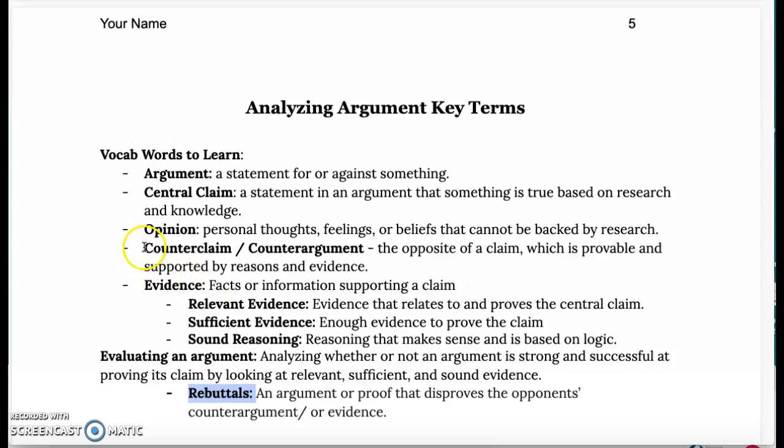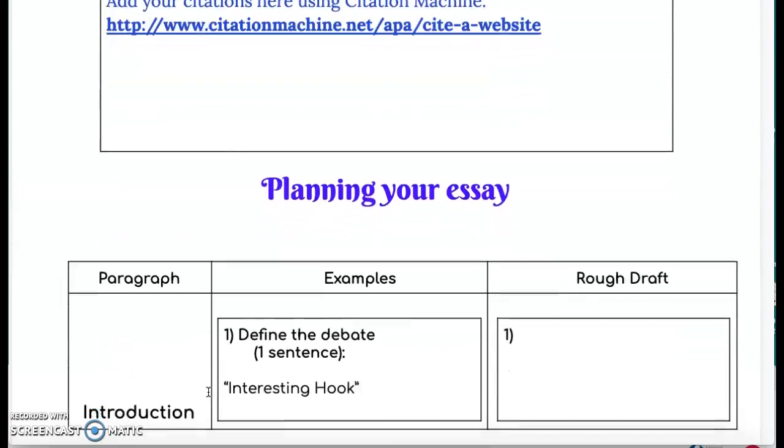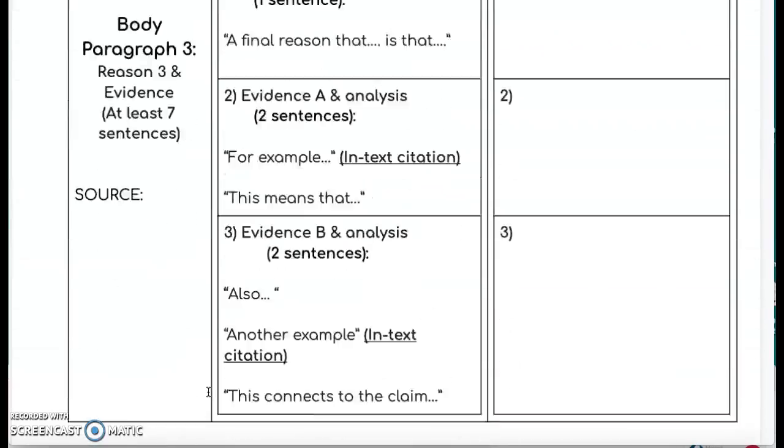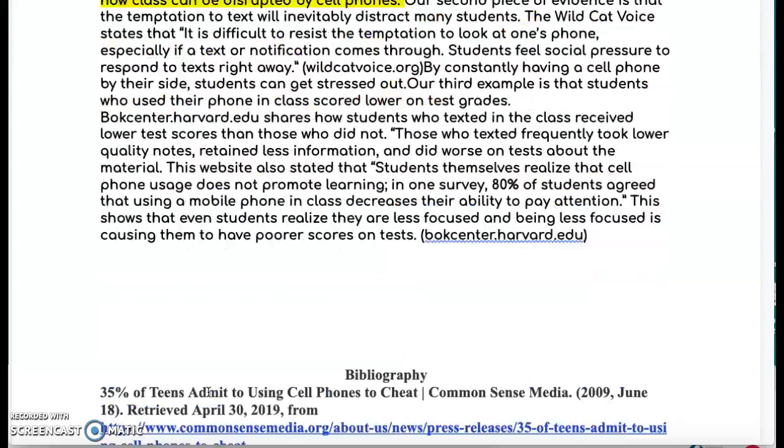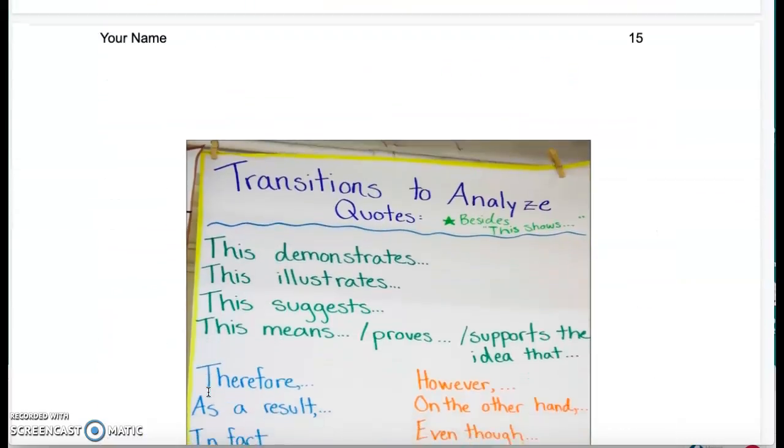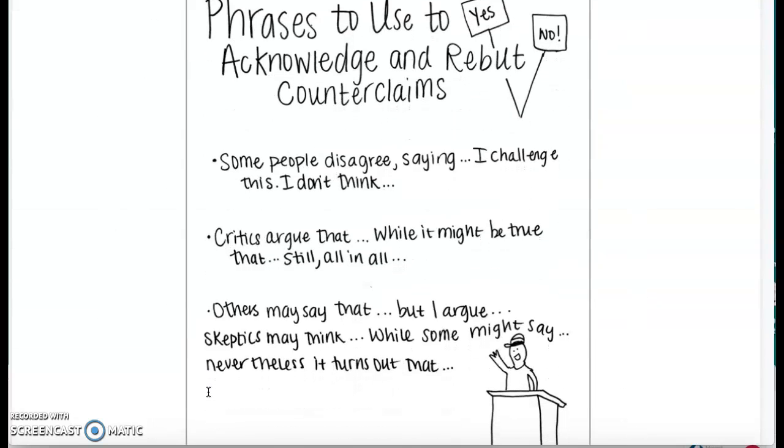Now, when you do these two right here, counter arguments and rebuttals, they always follow each other. So first is the counter argument, and then there's a rebuttal, and they might both be in the same sentence. And there's different transition phrases that we can use to help us. Right here.